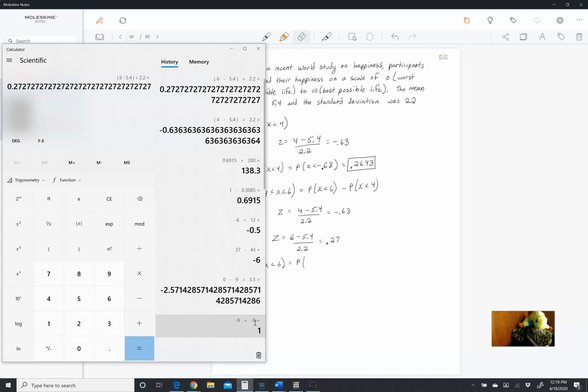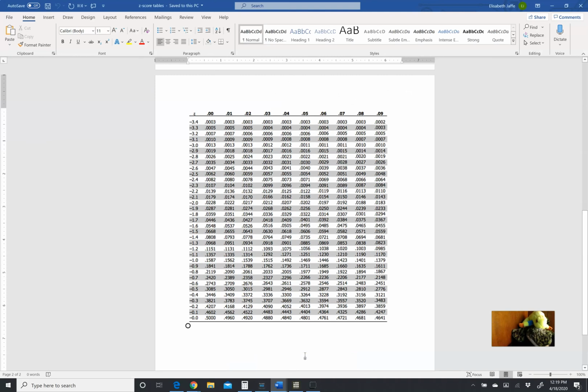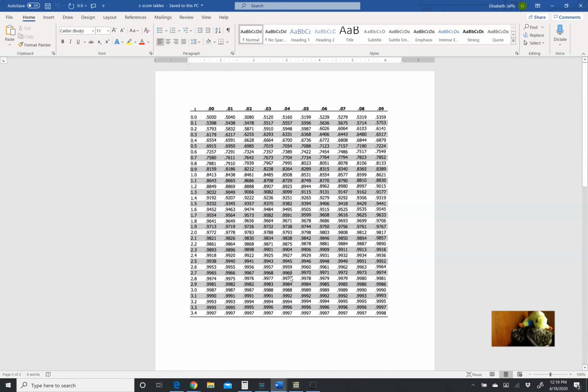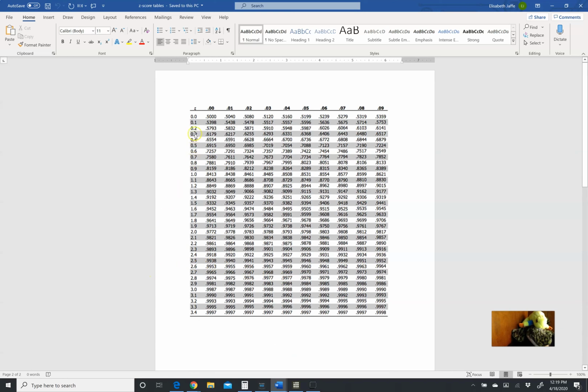So we want the probability that z is less than 0.27 minus the probability that z is less than negative 0.63. So we only need to do the 0.27 because we already have the negative 0.63. So here's 0.2.